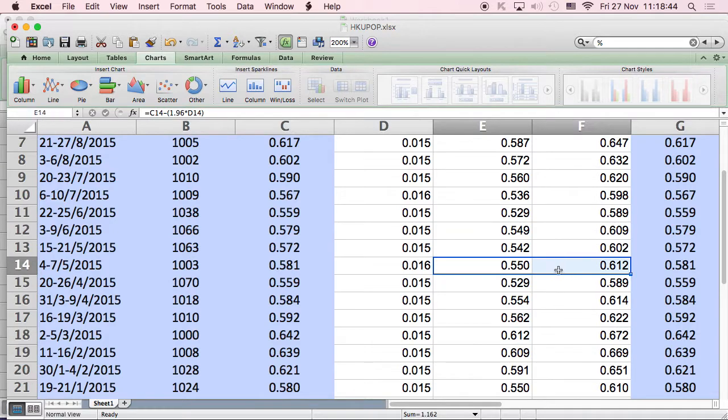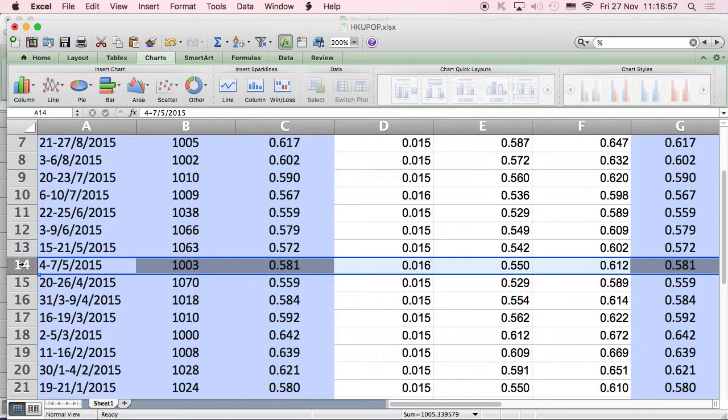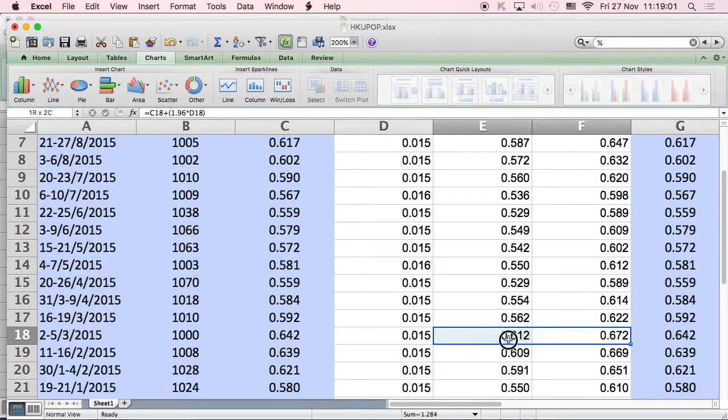But for example, that one, I mean this week to this week, meaning 14 and 18.